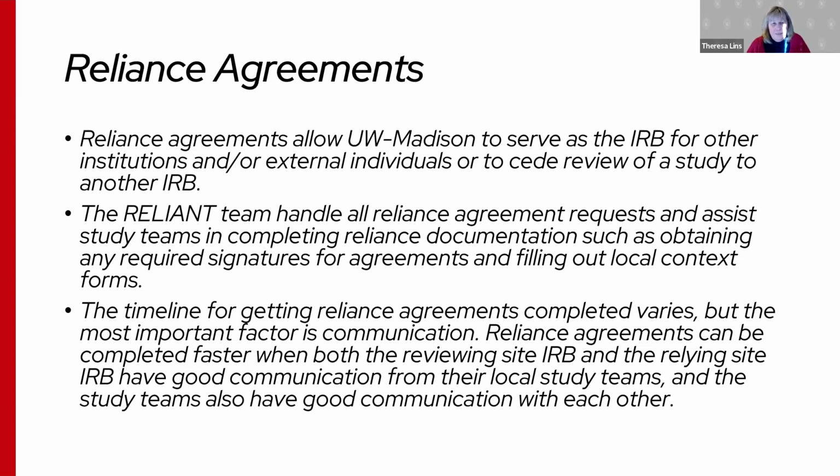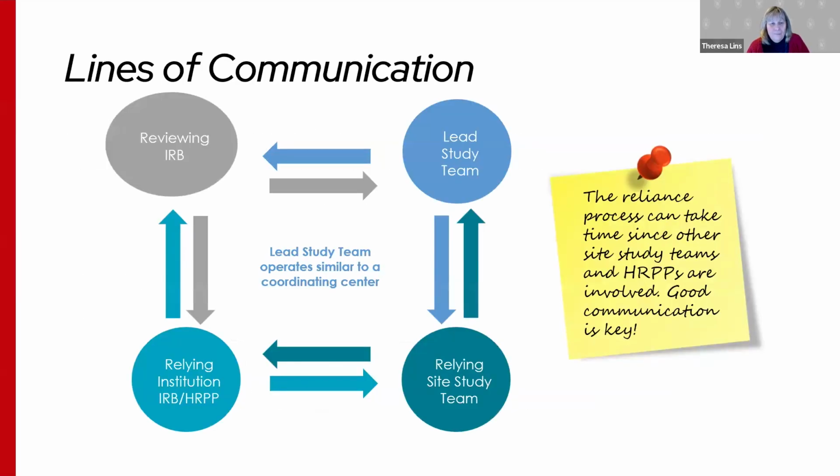Reliance agreements can be completed faster when both the reviewing site IRB and the relying site IRB have good communication from their local study teams, and the study teams also have good communication with each other. And here's just a nice graphic showing the needed communication flow for the different entities. And so keep in mind, the Reliance process can take time since other site study teams and HRPPs are involved. So good communication is the key.